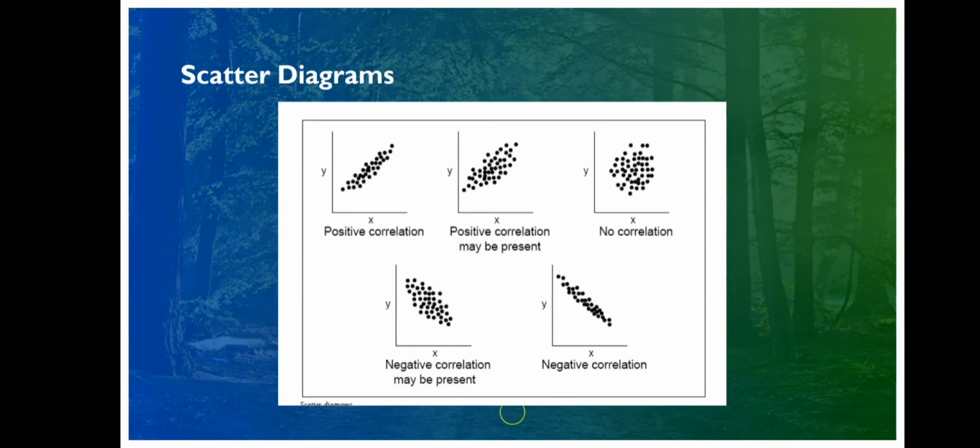In the third diagram, the points are scattered in very different places, so there is no correlation. In the fourth diagram, the points have some difference and go downwards, so it is a negative correlation that may or may not be present, because the points differ. And the last one, the fifth diagram, the points are very close and go downwards, so it is a negative correlation.